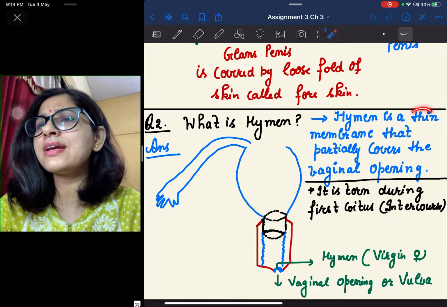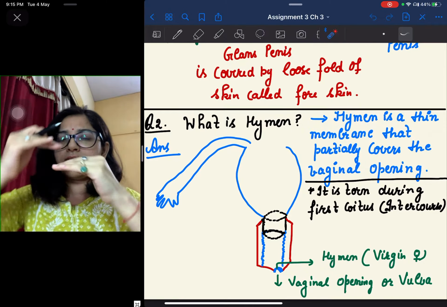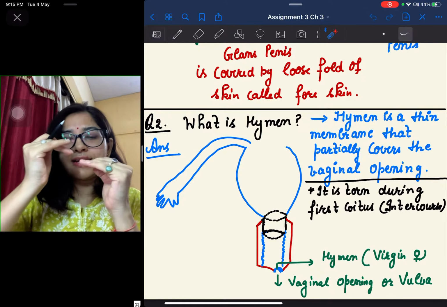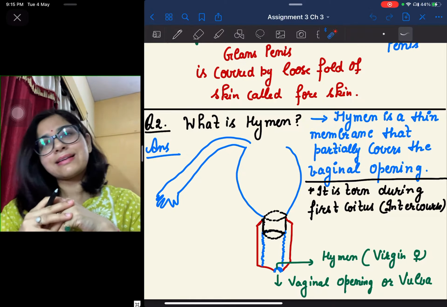It is a very thin membrane which partially, here like this, is covering the vaginal opening. This was the vaginal opening, और इस vaginal opening को cover किसने कर लिया है? Who is covering this? That is hymen.